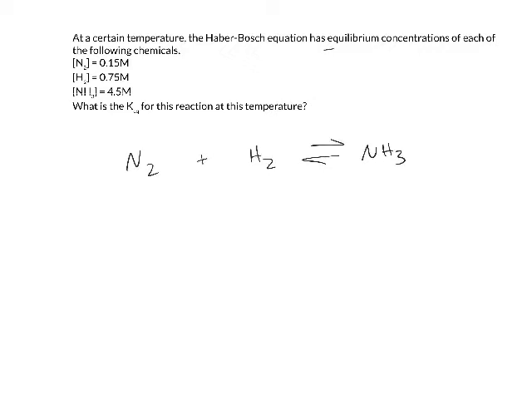since we're dealing with equilibrium concentrations, we mentioned this little chart. We're talking about these ones. At the end, it's already telling us that the reaction has ended. So in this case, we would have 0.15 molar here, 0.75 molar here, and 4.5 molar here.